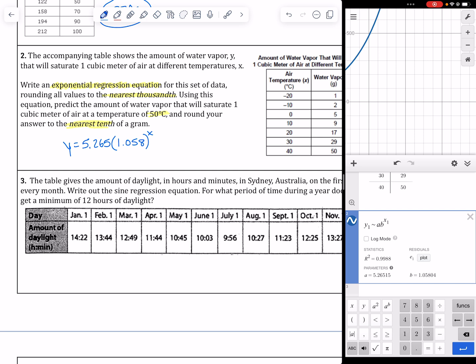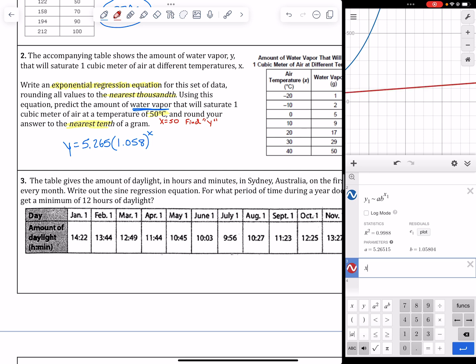And then it says, using this equation, predict the amount of water. So the amount of water is the Y value that will saturate 1 cubic meter of air at a temperature of 50 degrees. So they're asking you to plug in X equals 50 and find the Y again, like the last question was asking. And they typically ask that, not always, but a lot of times.